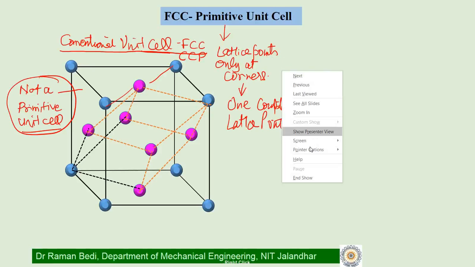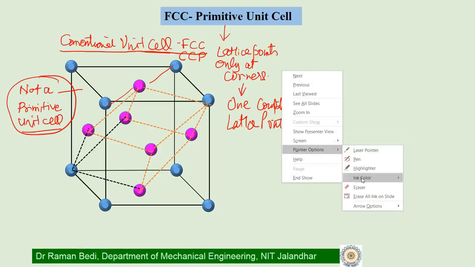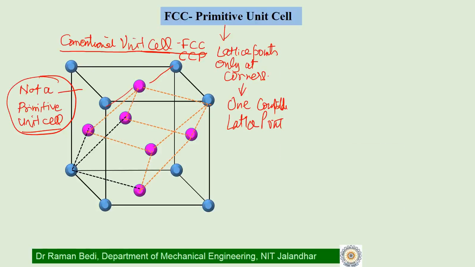Here we have the corner atom, the face center from here, the face center from here, then the face center at the top, and so on, and when you combine this together, this is the primitive unit cell for an FCC or CCP crystal structure.